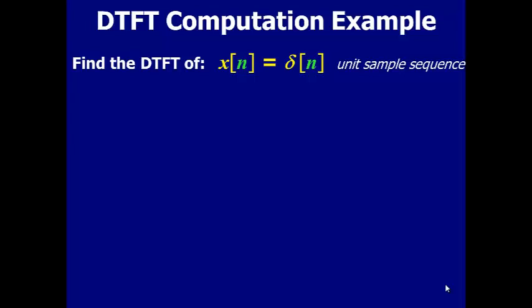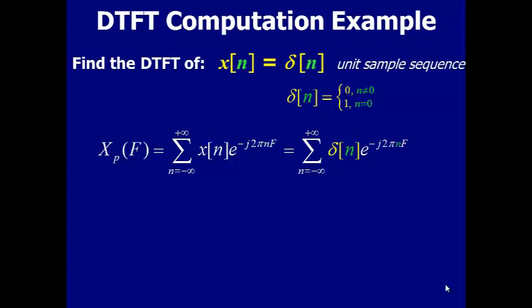What's the Fourier transform of that? The discrete time Fourier transform of that. Okay, we plug it into the formula. So we replace x of n in the Fourier transform formula with delta sub n. What's the only place that I'm going to have anything other than 0 with that delta sub n? n equals 0.